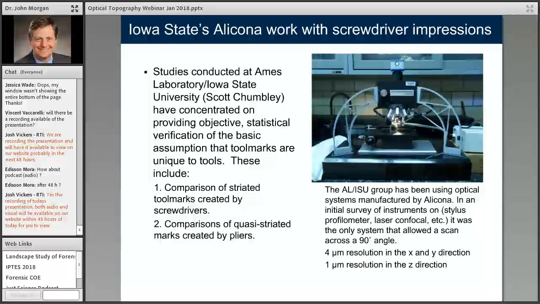He has done a variety of very interesting research, and I think has developed it to the point that if there is a laboratory looking to do something a little bit more rigorous in these kinds of tool mark examinations, and maybe be a little test case for Dr. Chumbley, I think he would welcome that, and the FTC would be happy to try to facilitate that.